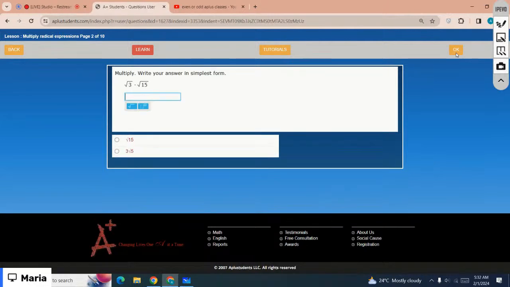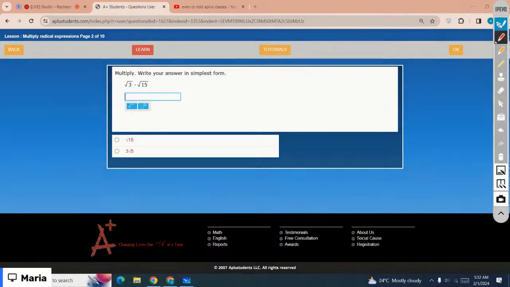Okay, multiply square root 3 and square root 15. So how do you multiply? You can just write them in the same square root because they both have square roots. Now make the prime factors of 15. It would be 3 times 5, right? You can write it as 3 squared times 5, so then 3 squared times square root 5.